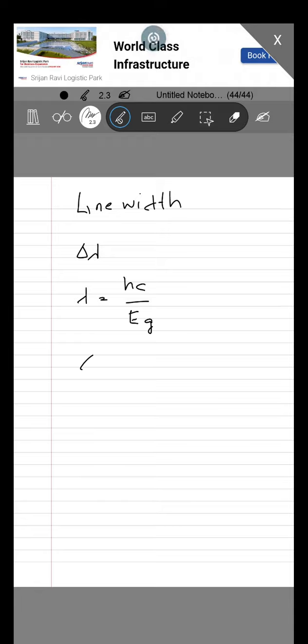So delta lambda is equal to 1.8 kT into lambda square by hc.